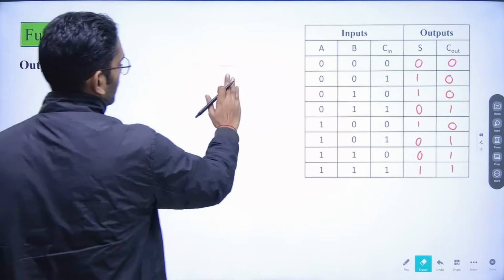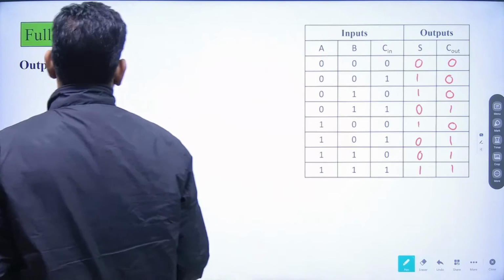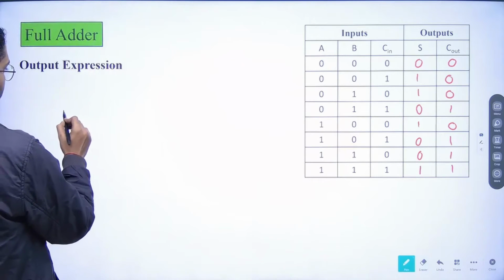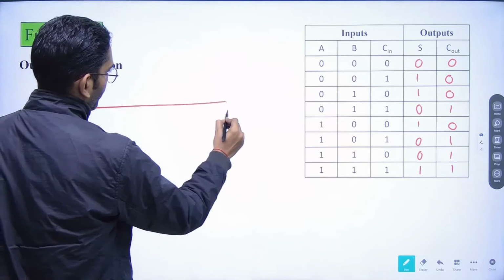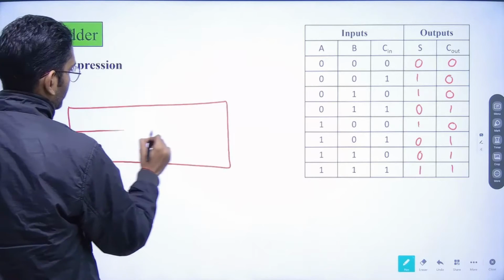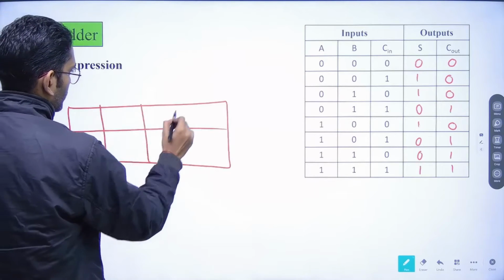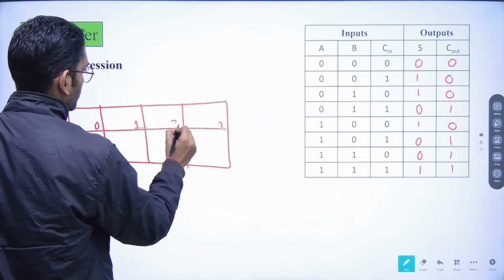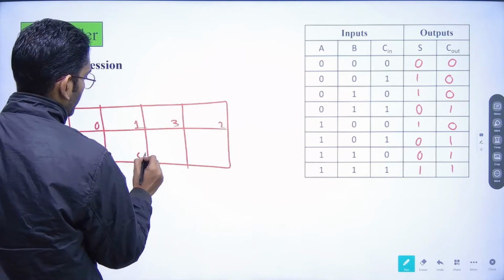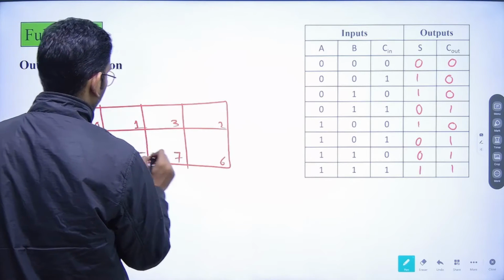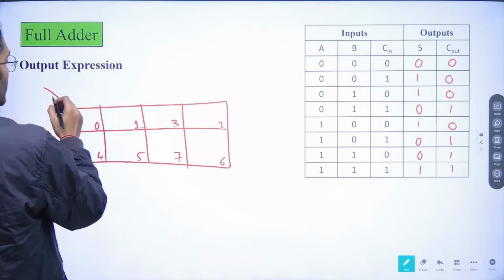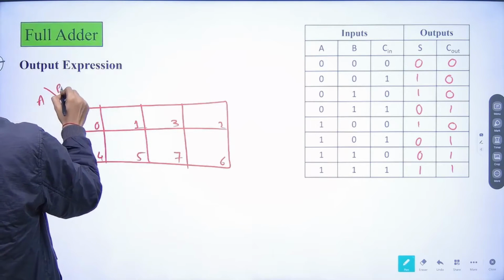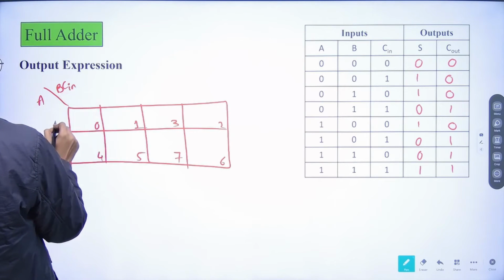The output expression. Here the minterms are 0, 1, 2, 3, 4, 5, 6, 7, with A, B, C in.